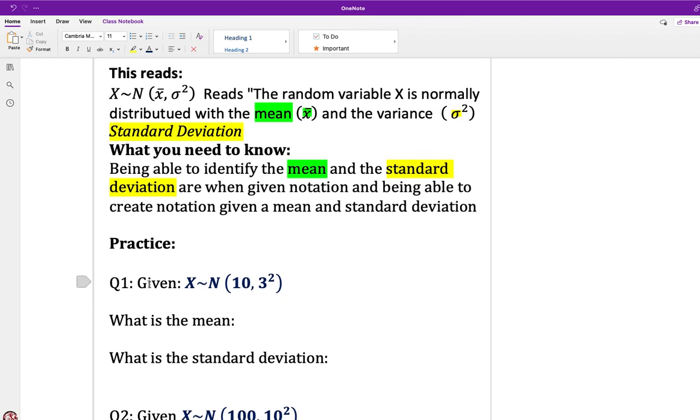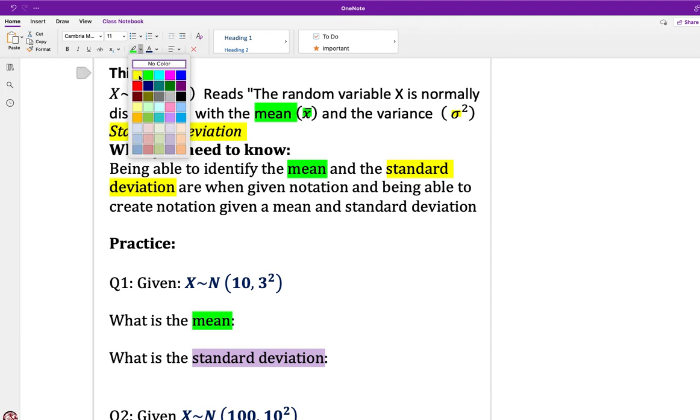So, practice question here. Given this here, x is normally distributed, 10, 3 squared, what is the mean and what is the standard deviation? I'll give everyone a second to attempt it.